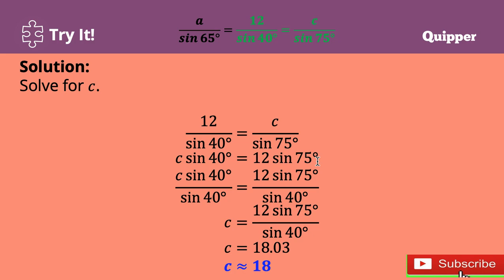Then dividing both sides by sine 40 degrees, we have c is equal to 12 sine 75 degrees over sine 40 degrees. Then using your calculator, you have here c is equal to 18.03, or approximately the measurement for side c is 18 units.